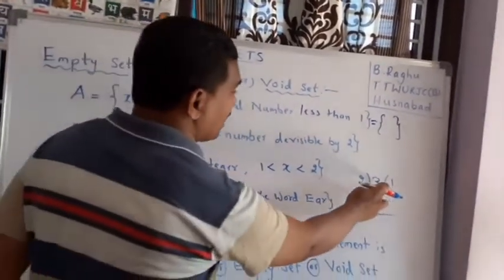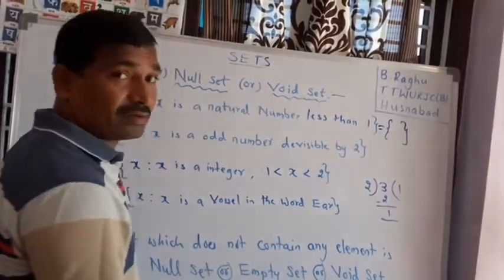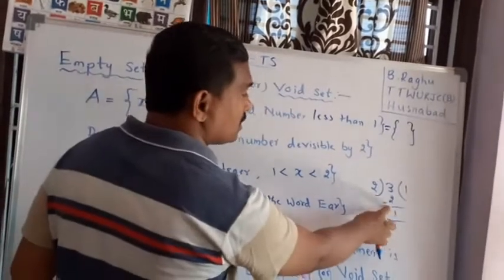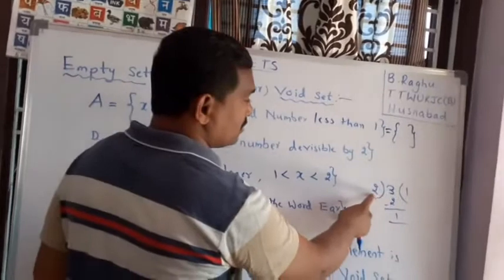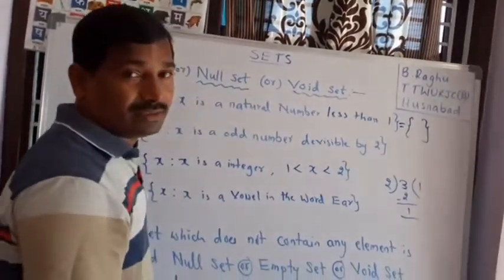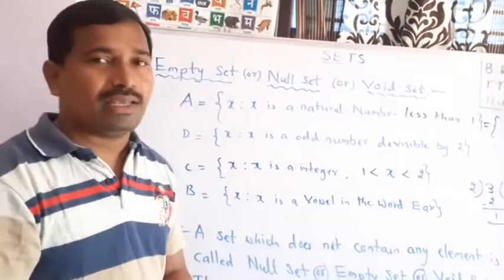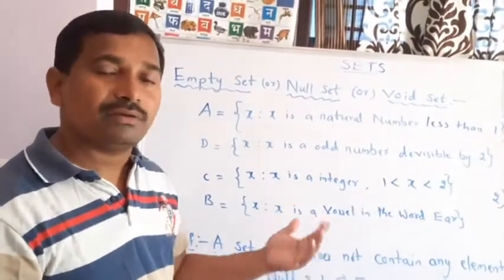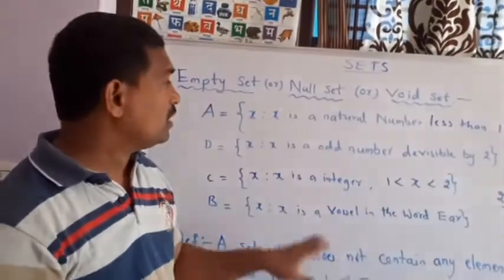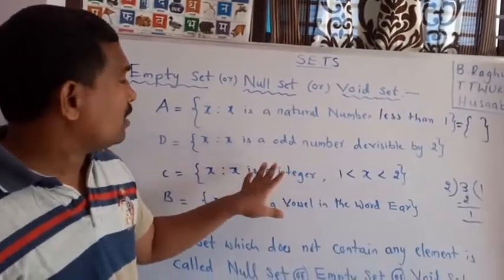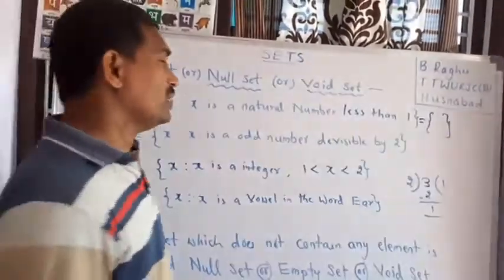We are getting remainder 1. If you get remainder 0, then 3 is divisible by 2. But by dividing 3 by 2, here we are not getting remainder 0. So 3 is not divisible by 2. Any even number gives remainder 0, but no odd number does. So there are no odd numbers that are divisible by 2. So there are no elements.